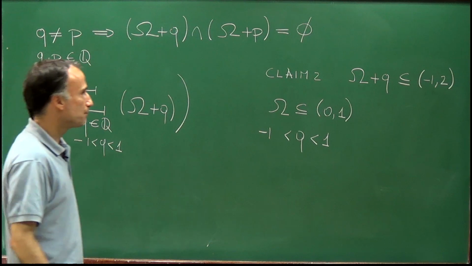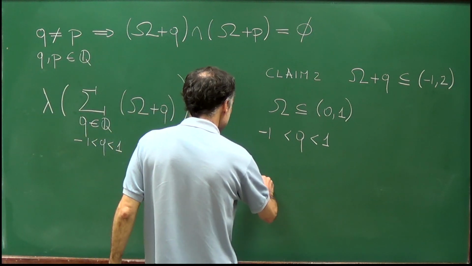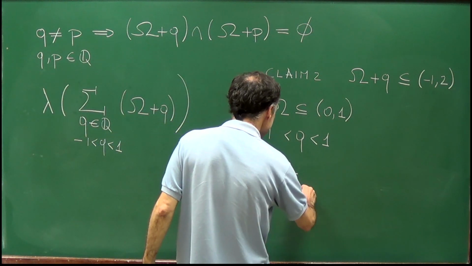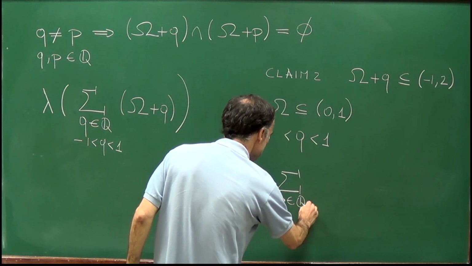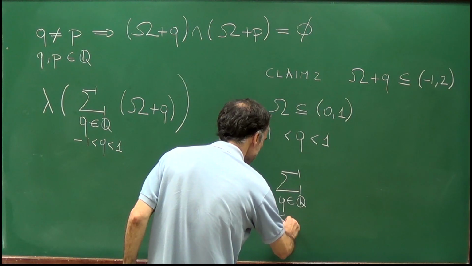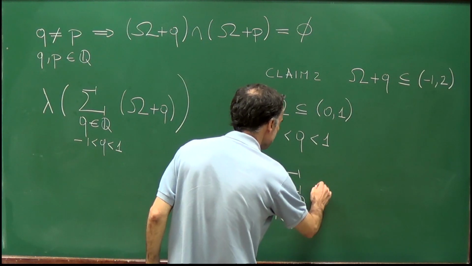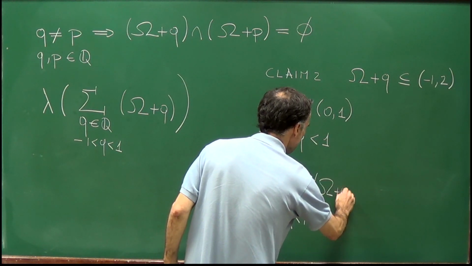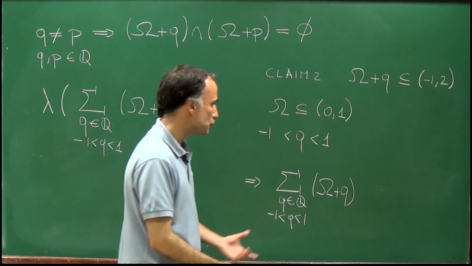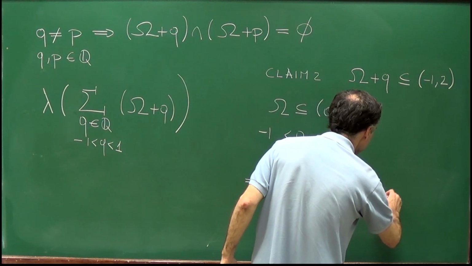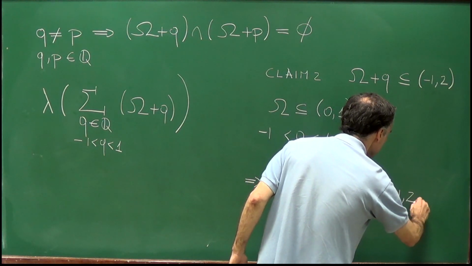In particular, if I take the union of all these sets, since each set is contained in the interval -1, 2, the union is also contained in -1, 2.